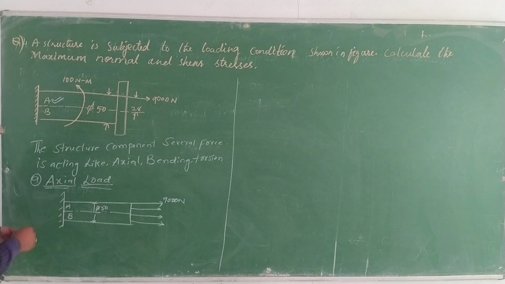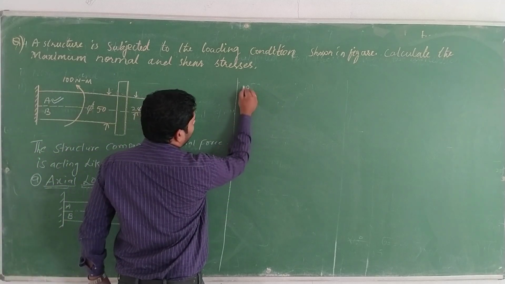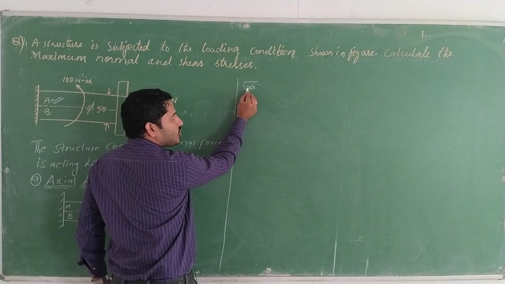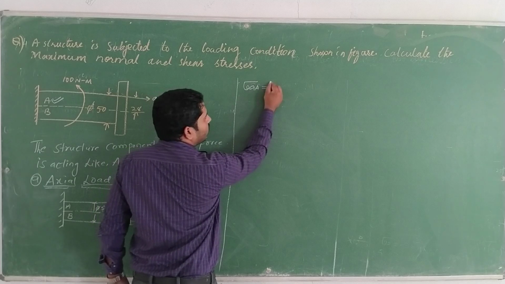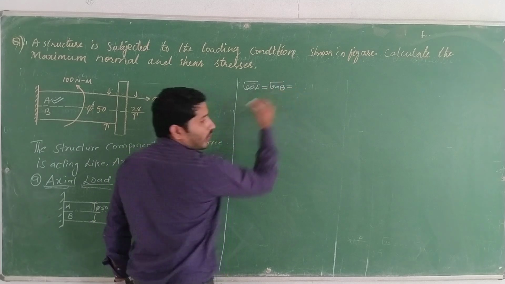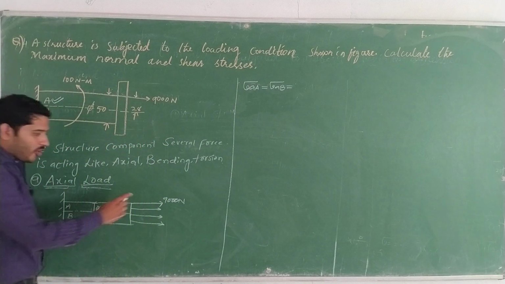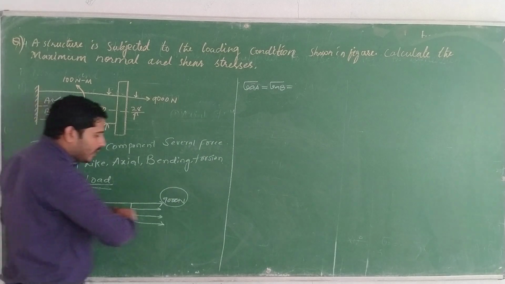So which force did we apply here? Tensile force on the specimen, so due to it A and B will be elongated. Okay dear, let us see. Sigma A, the axial stress acting at A, should be equal to the axial stress acting at B, because the same load is applied and both A and B gradually increase.